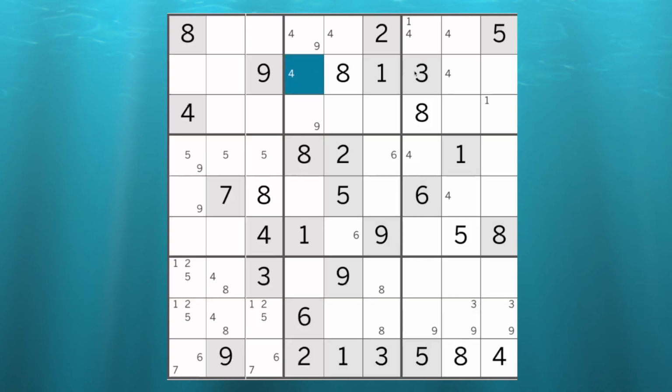So 1. Really 1 can be in any of these 4. 1 here and 1 here makes that a 1. That's a 1, that means that has to be a 9.